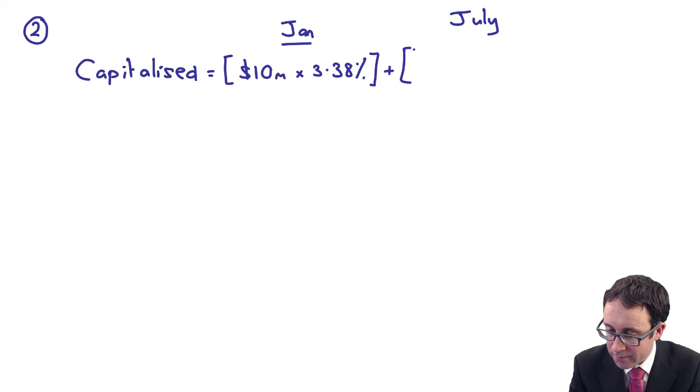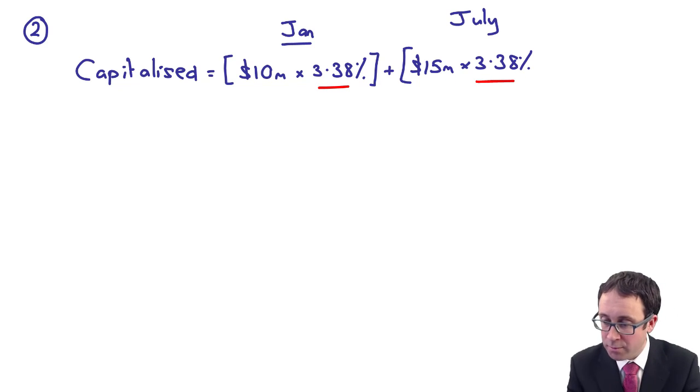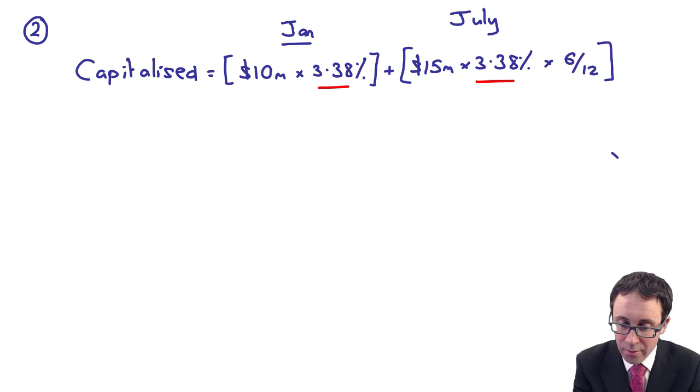And then in July, 15 million multiplied again by the same 3.38% weighted average, but the key bit now is that it was for the second 6 months in the year.